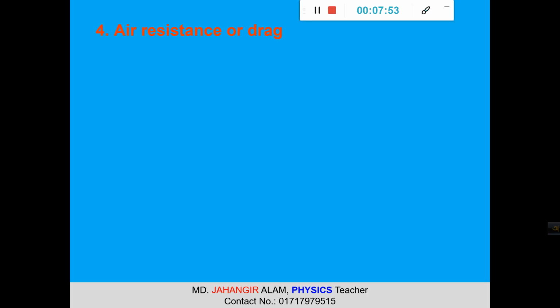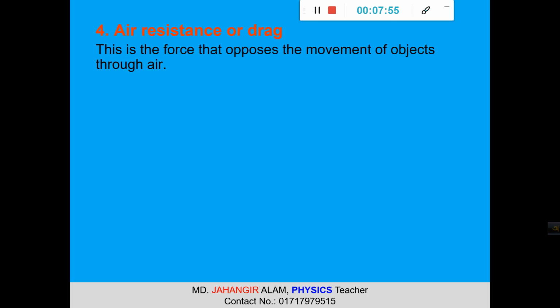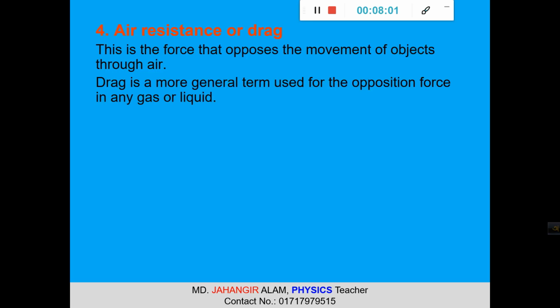Now, air resistance or drag force. This is a force that opposes the movement of objects through air. Drag is a more general term used for the opposing force in any gas or liquid. Objects are often streamlined to reduce the force.